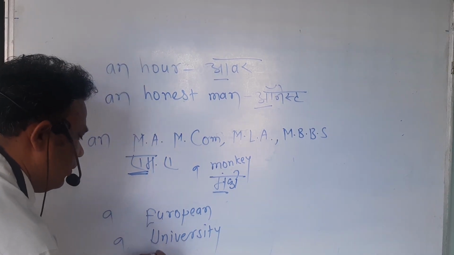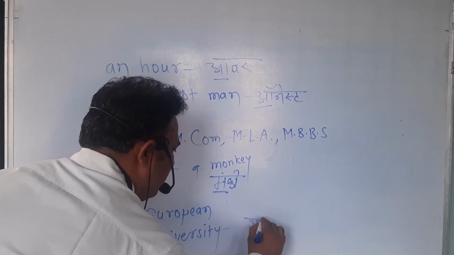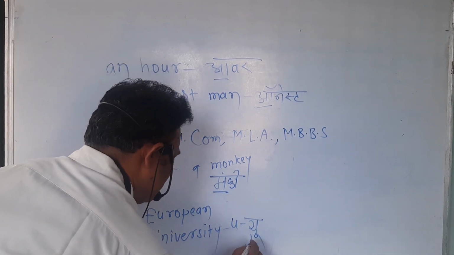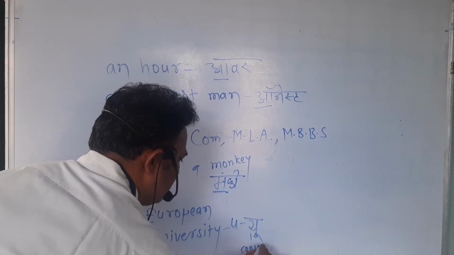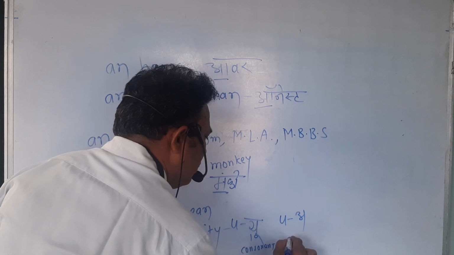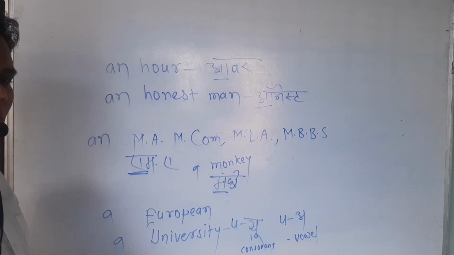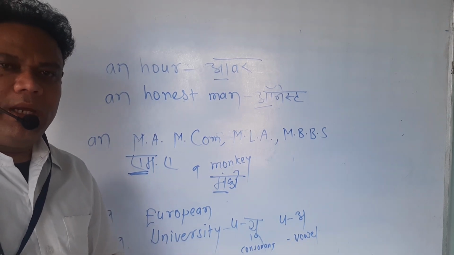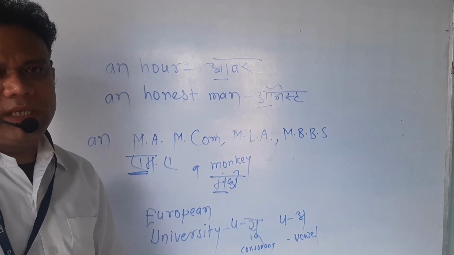Because here U is sounding like 'yoo'. When U sounds like 'yoo', we have to consider it a consonant. And when U sounds like a vowel sound, then we have to consider it a vowel. For example, the word umbrella.